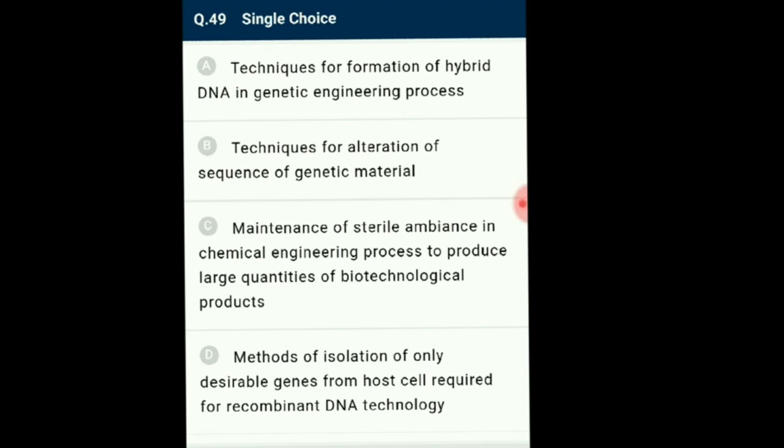The second process is bioprocess engineering. It is a process of maintaining a sterile ambience in chemical engineering processes to enable the growth of organisms for the manufacture of biotechnological products like antibiotics, vaccines, enzymes, etc. So the answer for this question is option C.